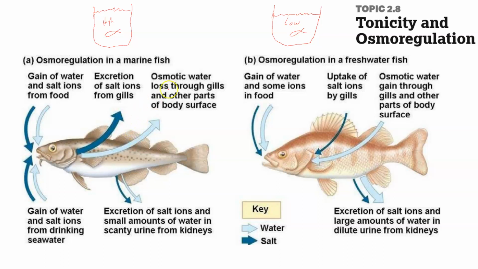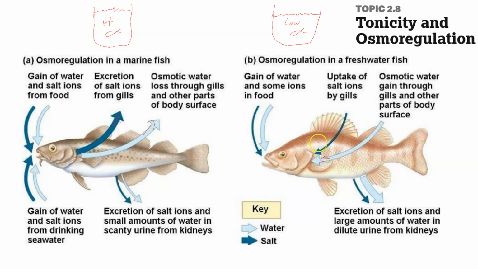So this water is going to naturally move outside via the gills. Also, some salt ions will move outside as well. In the freshwater fish, you're going to have an uptake of salt ions by the gills and osmotic gain through the gills because the fish itself inside is saltier than the environment.